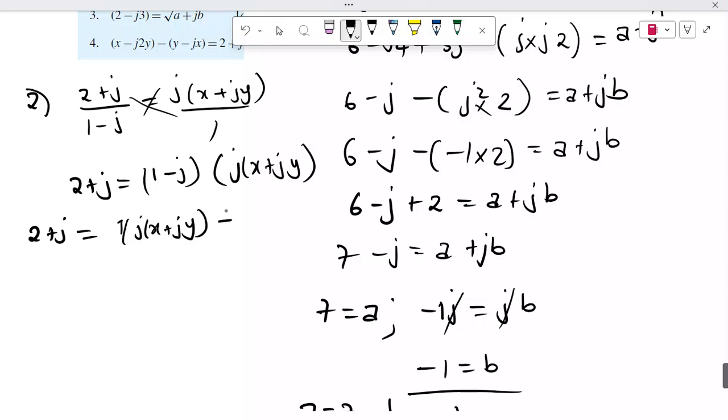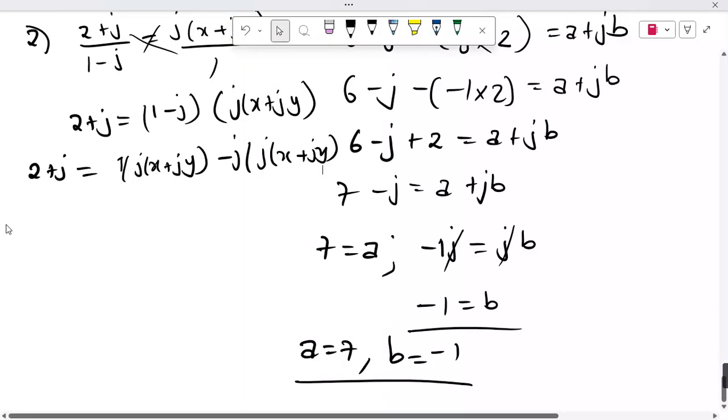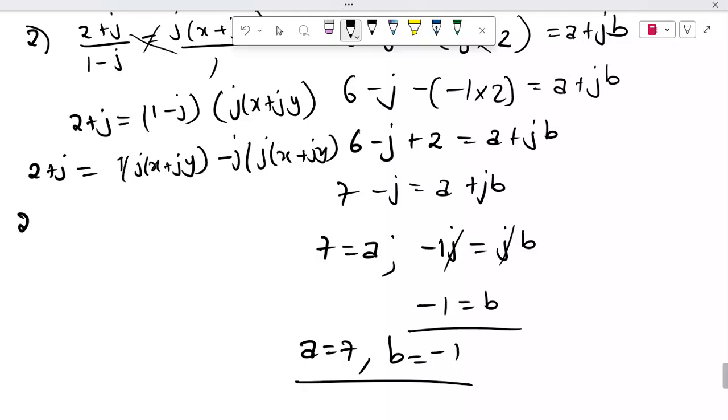Then you have a negative j multiplying. Negative j multiplied by jx plus jy. So you have 2 plus j equal to 1 by j, which is just j, times x plus jy.